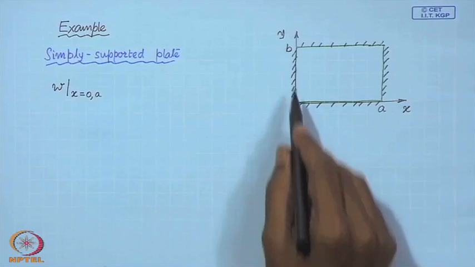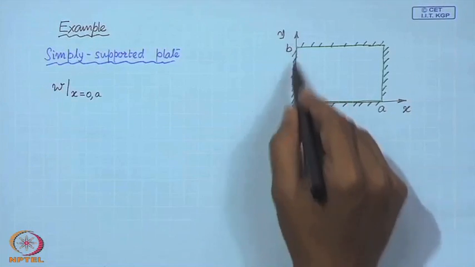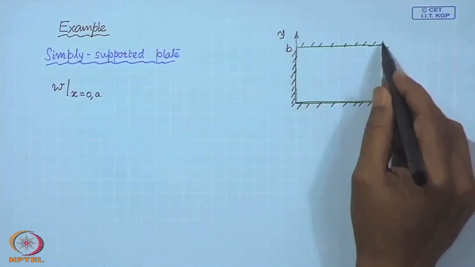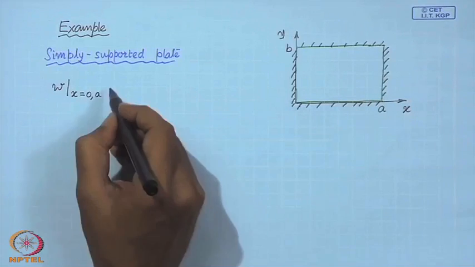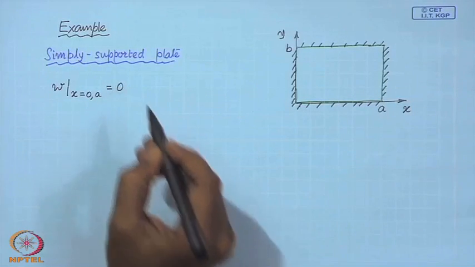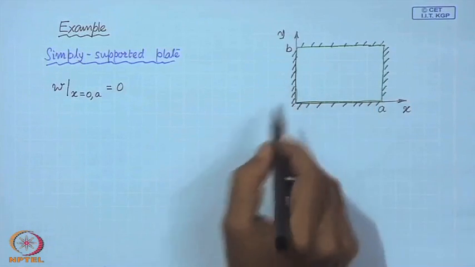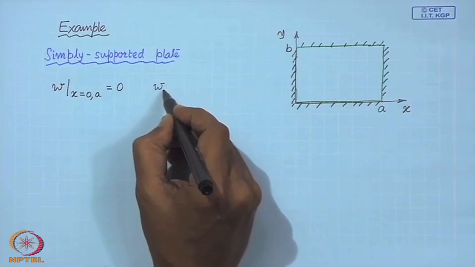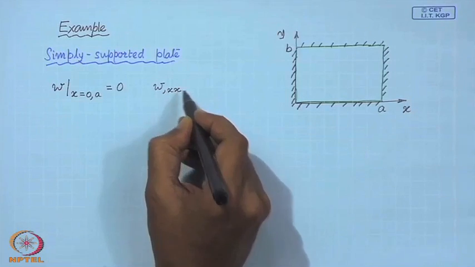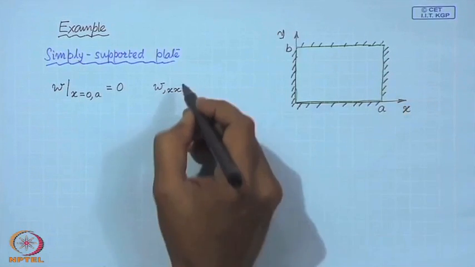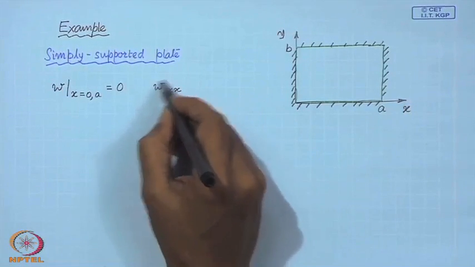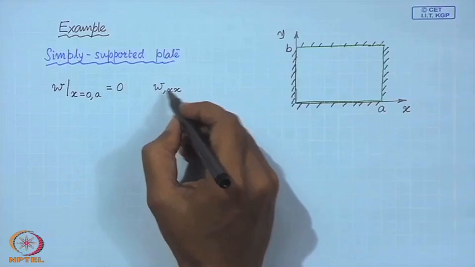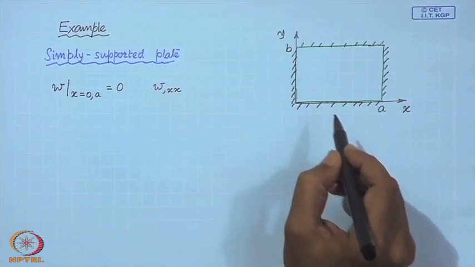So, at x equal to 0, which means this edge, and x equal to a means this edge, we have the displacement as 0, and since they are simply supported, the moments are also 0, and the moments in this case happen to be the double derivative of w with respect to x.